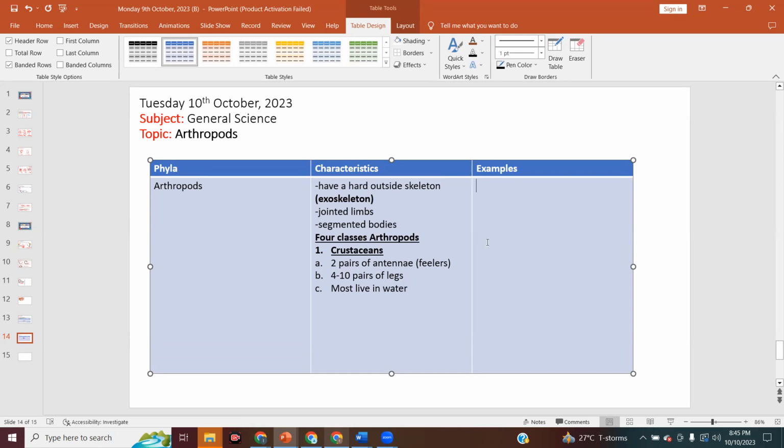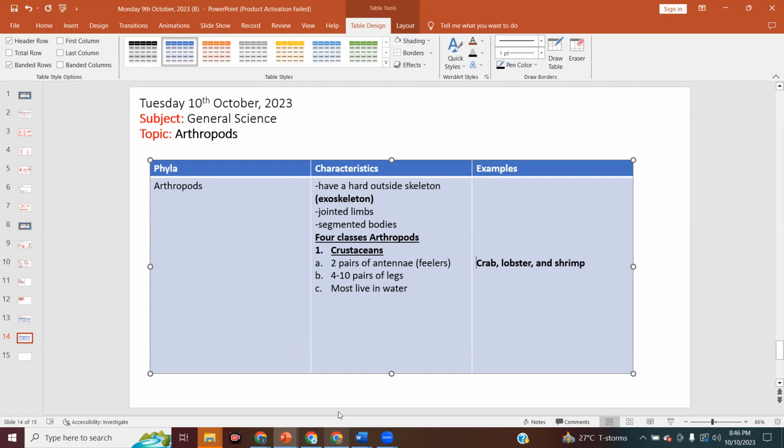Now, some examples of crustaceans would be, like we said, give me some examples. Crab, we said that, lobster, right? And shrimp. So they are examples of arthropods, crab, lobster, and shrimp. But they come in the family of what? Crustaceans, right?